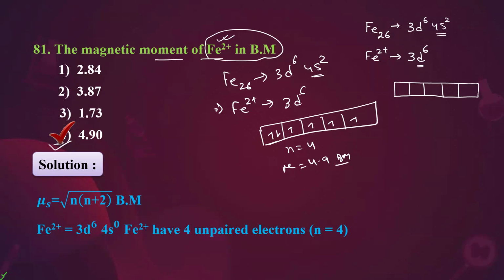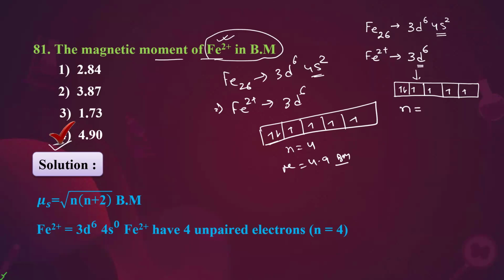Give one electron to each orbital first, then pair the others. There are 6 electrons: 1 2 3 4 5, then the 6th will come here. Okay, that is the 3d6 part.